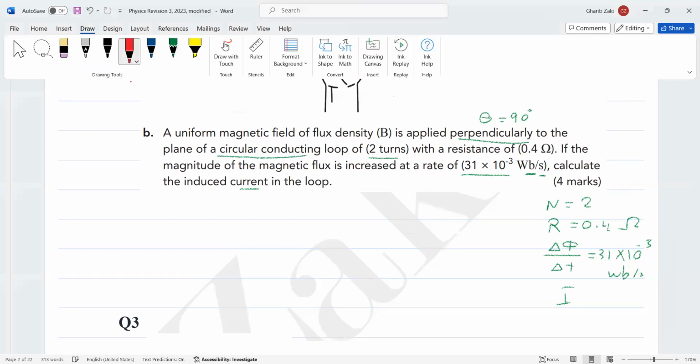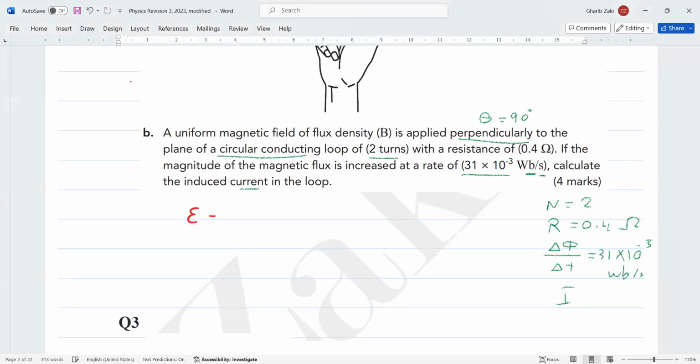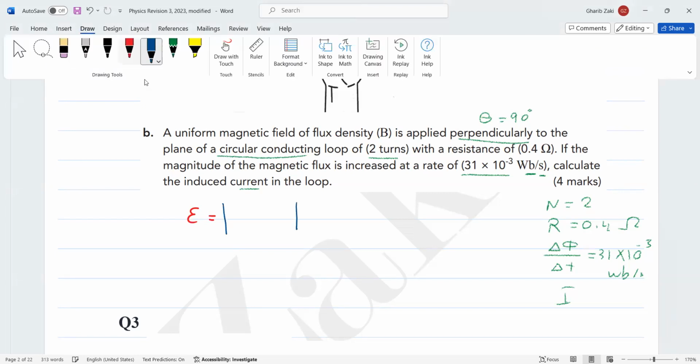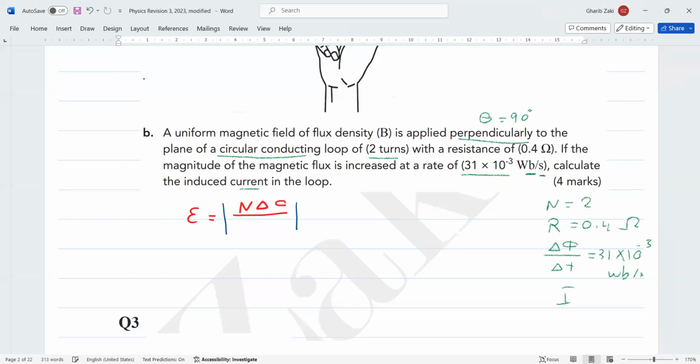Faraday's law states that EMF equals N delta phi by delta T. Already the given here is delta phi by delta T. N equals 2, so it's 2 multiply 31 multiply 10 power -3.